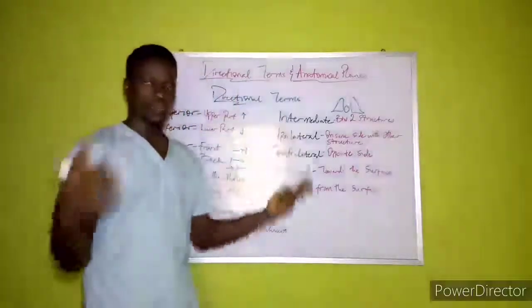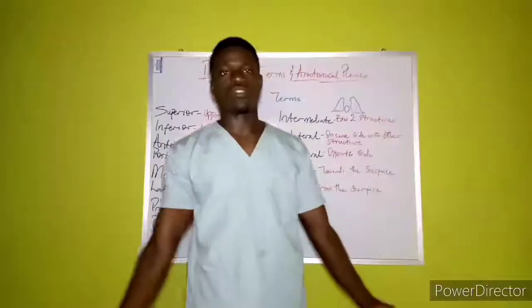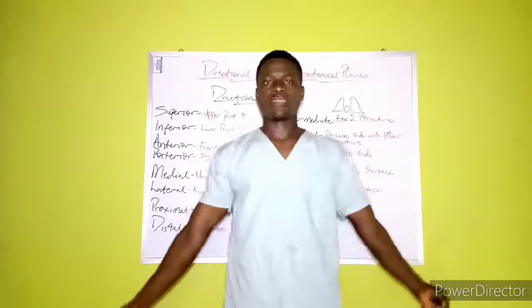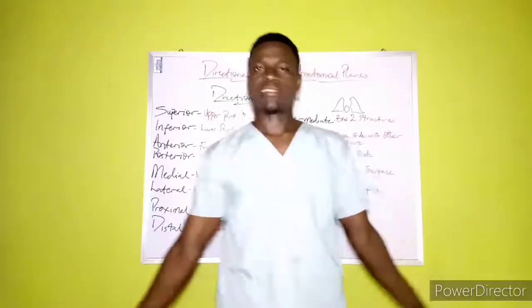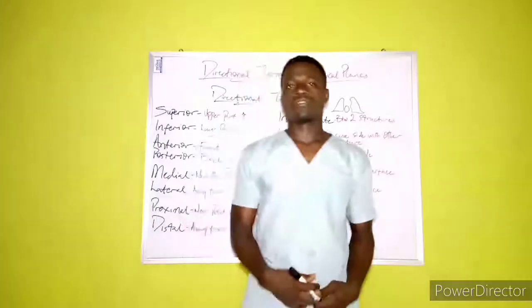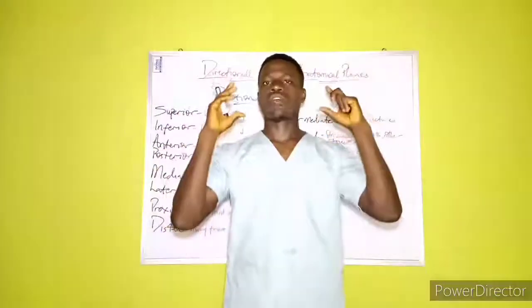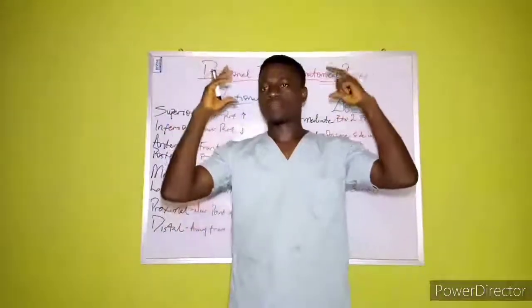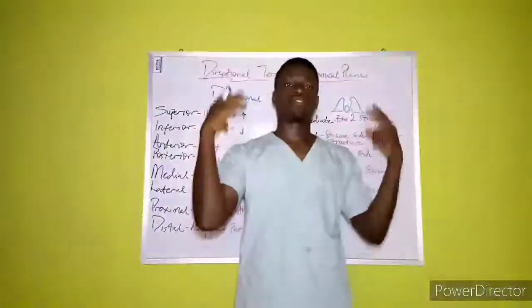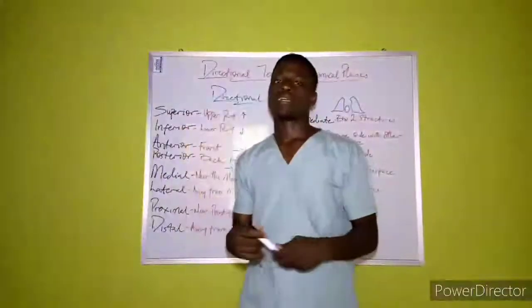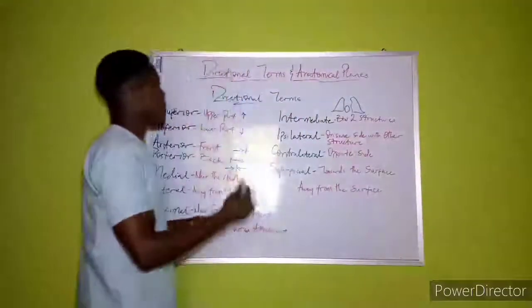Just like when you stand in an anatomical position with your head facing forward and your hands at the side, upright, that is an anatomical position. Now, in that position your head is the uppermost part of the body, so it is called the superior position. It can also be referred to as the cephalic. You get that now? So it's in the upper part.